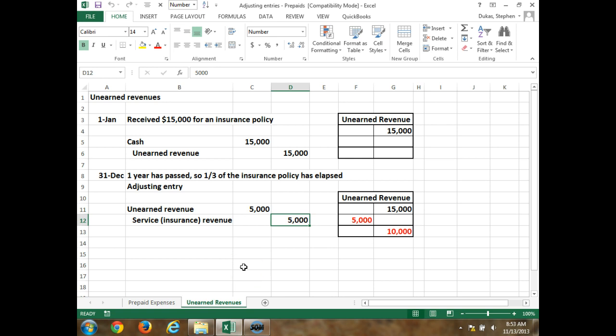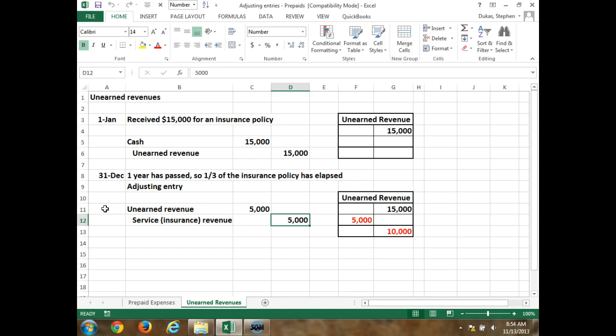Here, we're receiving cash of $15,000 and we're creating a liability account called unearned revenue. As that liability diminishes, we get to recognize the revenue. So in this case, unearned revenue starts out with a balance of $15,000. At the end of December, a year has passed, so we have provided 1/3 of the service that we were contracted to provide. Therefore, we debit unearned revenue, $5,000.